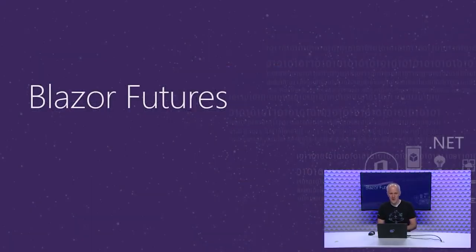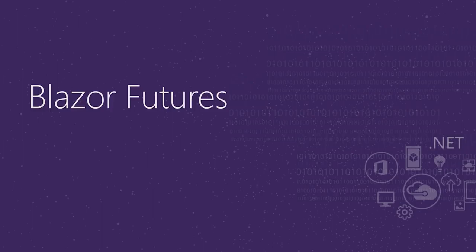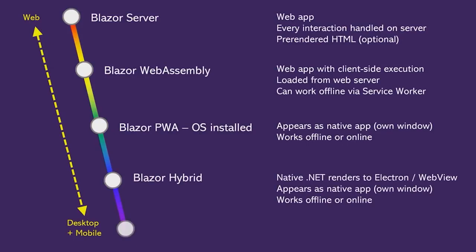All right, so we've taken a look at just a little bit about what Blazor is capable of. Let's now take a look at where we see Blazor going in the future. We envision an entire spectrum of applications ranging from web apps all the way to full native applications that you will be able to build with Blazor. Now, we've already seen Blazor Server, where you can build rich, interactive web apps using Blazor and .NET Core.